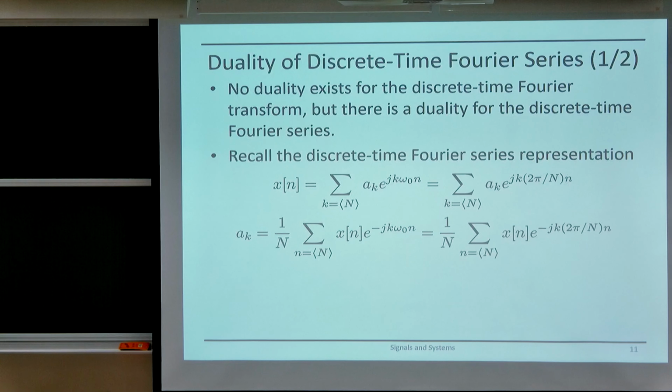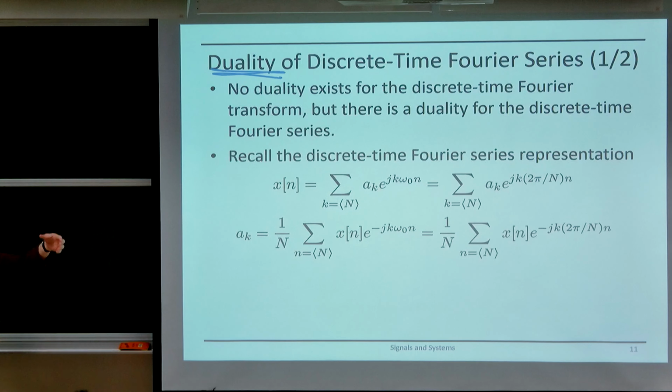Now, there's one thing that we didn't really talk about here, which is the duality. The reason we didn't talk about duality here is because for the discrete time Fourier transform, there's really not a dual form, okay? Because for the discrete time Fourier transform, we convert a discrete time signal to a spectrum that is continuous, right?